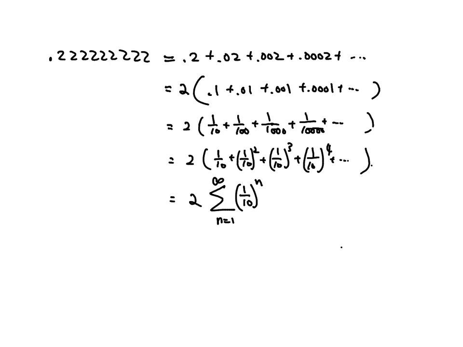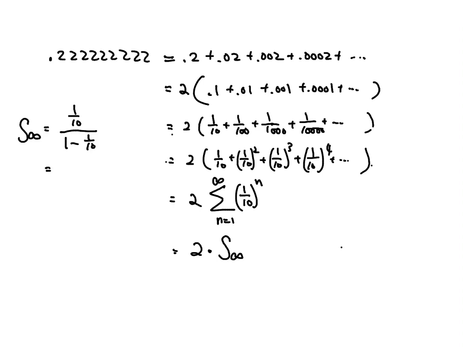Okay, so we are going to find the infinite sum first. So this will be 2 times the infinite sum, right? And the infinite sum on the side is going to be 1 over 10, which is the first term, divided by 1 minus the multiplier, which is also 1/10.